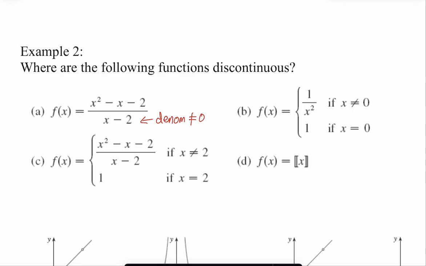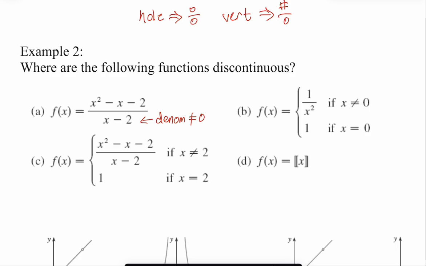There is going to be either a hole or an asymptote in the graph at that spot. Now, how do you know whether it's a hole or an asymptote? Well, a hole occurs algebraically when you see 0 over 0. A vertical asymptote occurs when you see any other number over 0. So that's an algebraic test you can do.